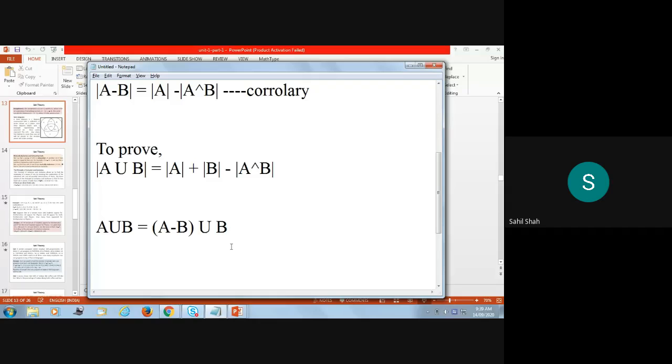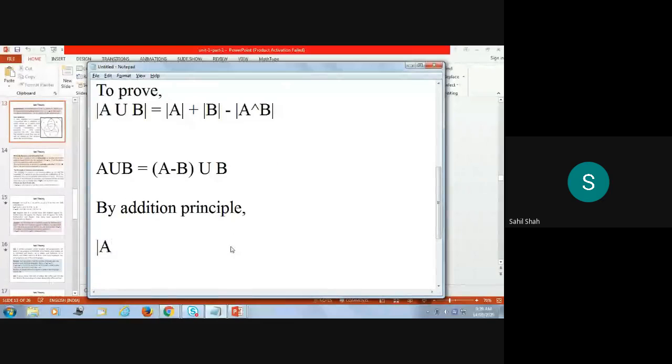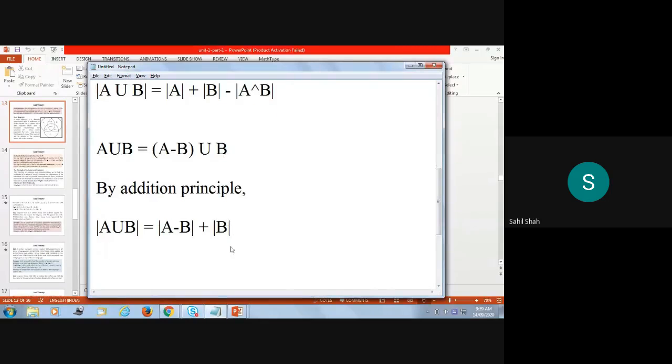By the addition principle, cardinality of A union B is equal to cardinality of A minus B, instead of union put plus, cardinality of B. This is further equal to cardinality of A minus cardinality of A intersection B plus cardinality of B. How am I directly writing this?